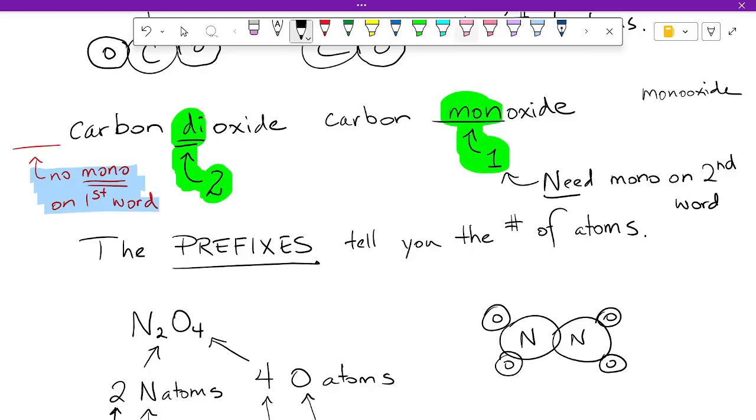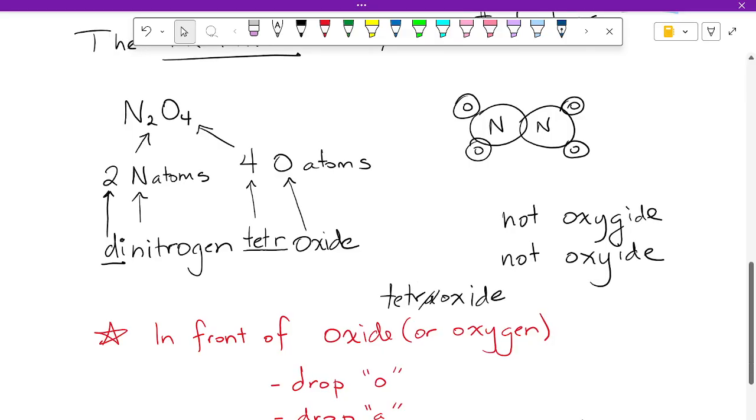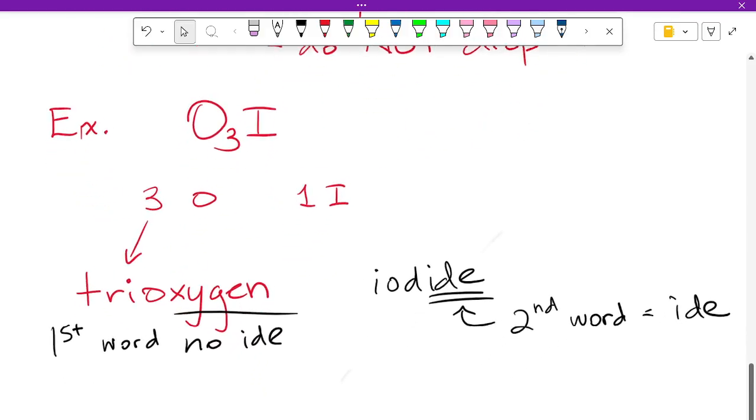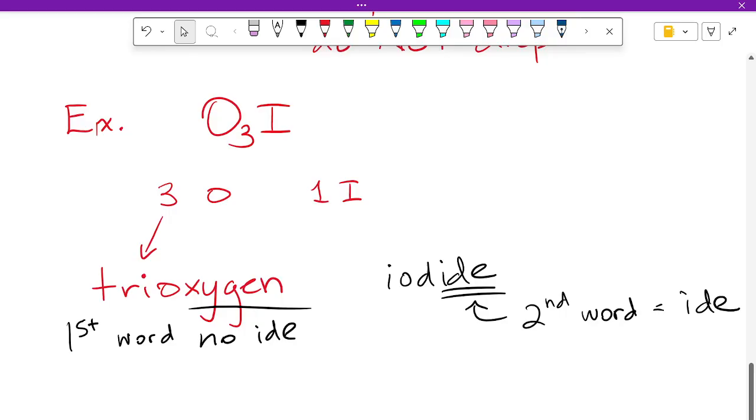We only drop the O in front of oxygen or oxide. So it's only O and A that we drop, and we only drop it in front of oxygen or oxide. Whew. That's a little complicated, yes? So we would have trioxygen. What would we have to put in front of iodide? 1 is mono.